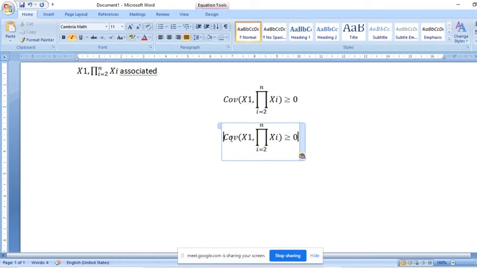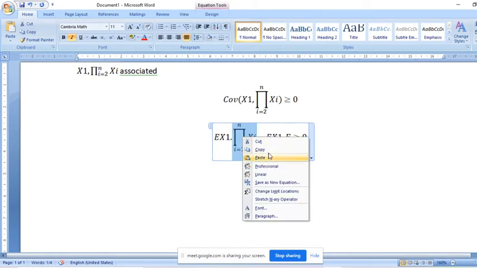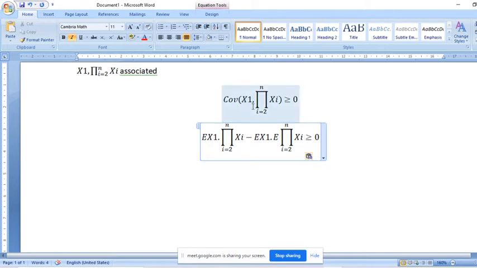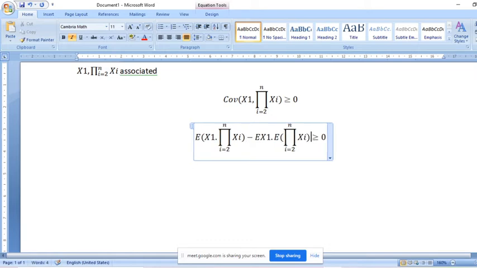Covariance is nothing but the expectation of the product of the functions minus the expectation of x1 into the expectation of the product of xi. Covariance of x comma y equals expectation of x into y minus expectation of x into expectation of y. So that idea is applied here.